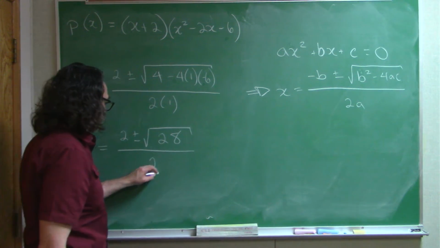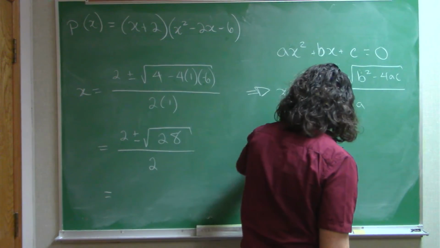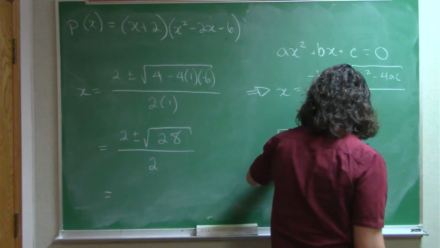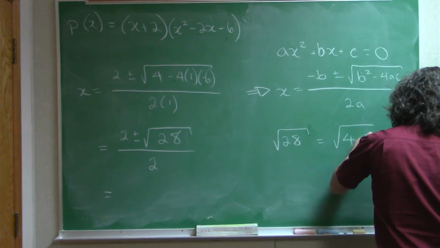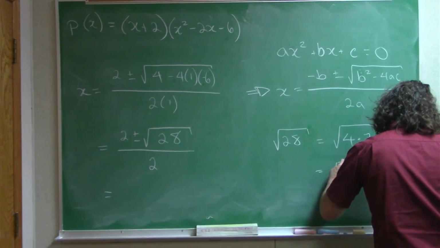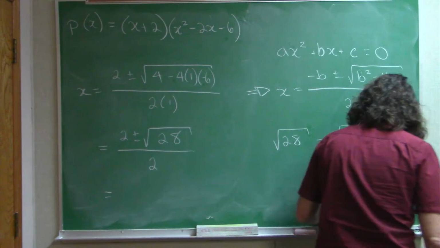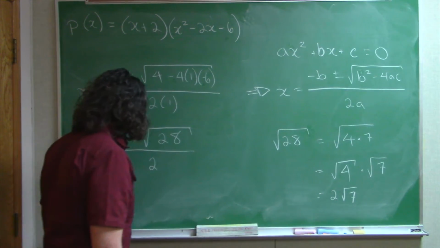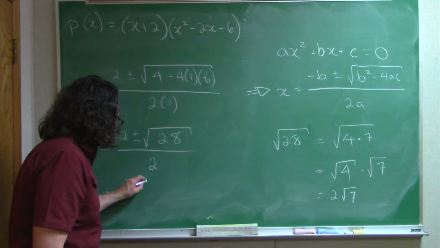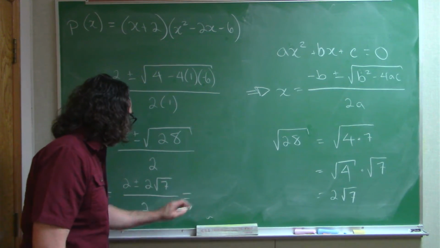Whole thing over 2. How can I simplify radical 28? Well, 28 is 4 times 7. So 2 radical 7, whole thing over 2.